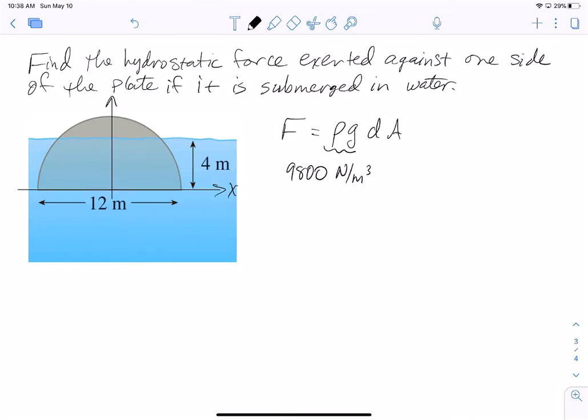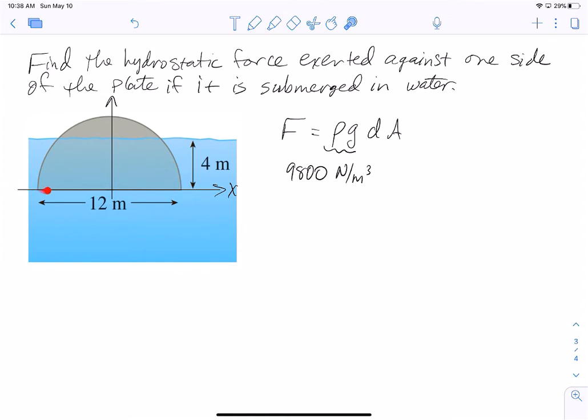drawing x and y axes can help here. Now, as far as how I decide where to put my x-axis and my y-axis, this shape here is a half circle. When that happens, I'm almost always going to put the axes in such a place that the center of the circle is at the origin.